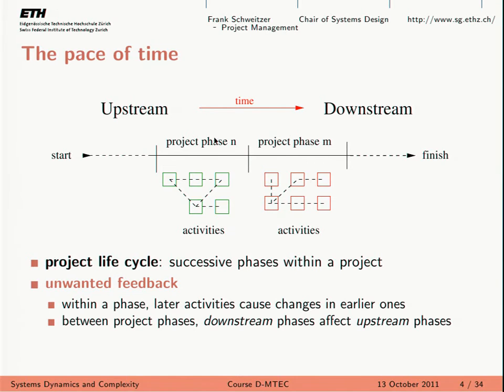Within each phase, we have a number of activities. So these are the activities that we talked about, right? For example, design phase: what do I need to do to design my product? The production phase, the same thing. And you can use the critical path or these kinds of scheduling approaches within each phase.